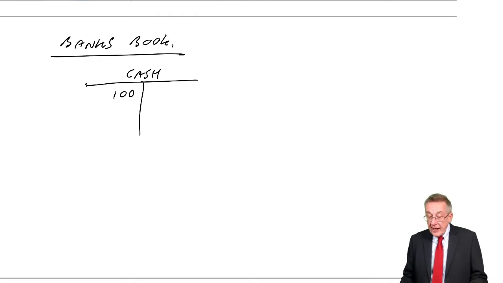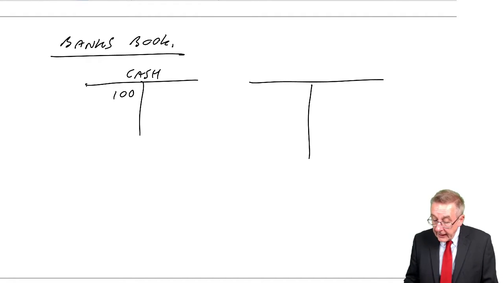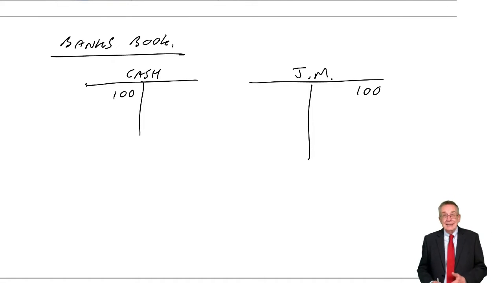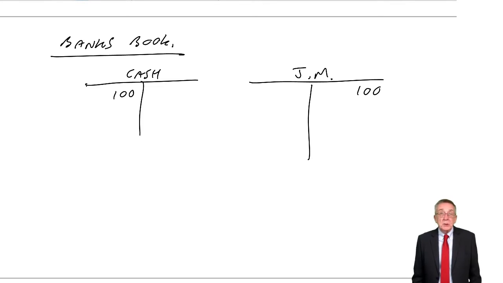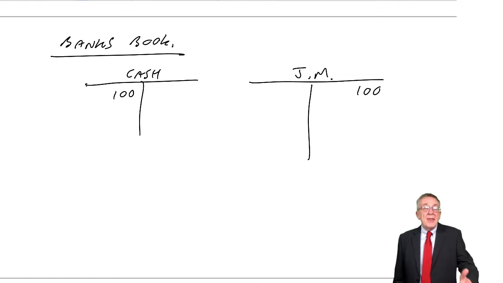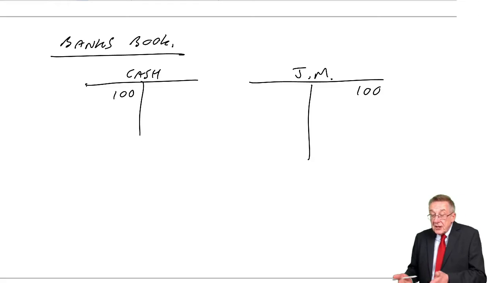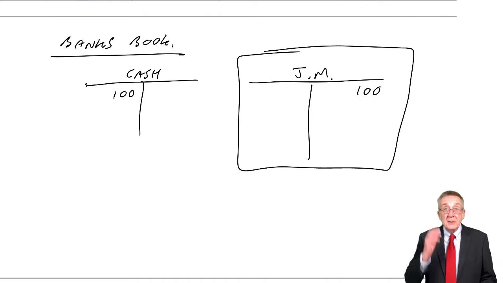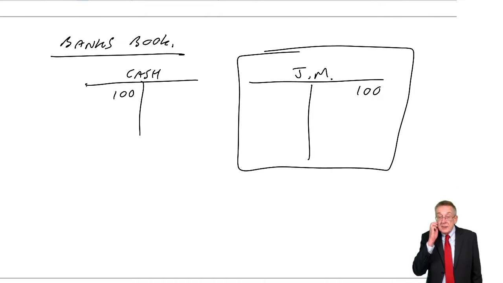And where are they going to credit? Well, they credit an account for me, 100, because they owe me 100. And because I'm very old, I can remember the days when the bank statement was just a photocopy of the page from their ledger. It used to be a T account. And they'd credited my account 100 because they owed me 100.